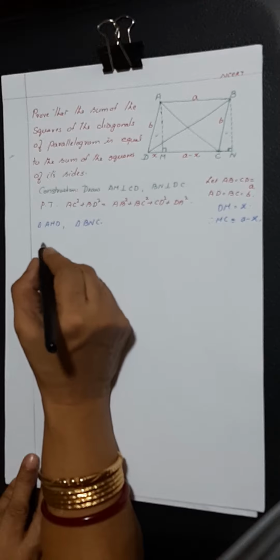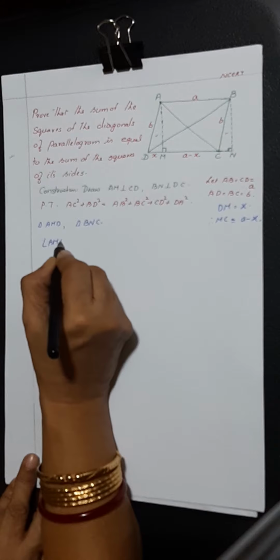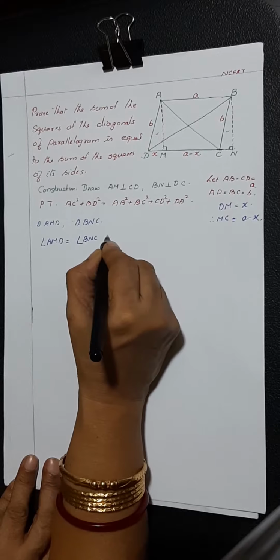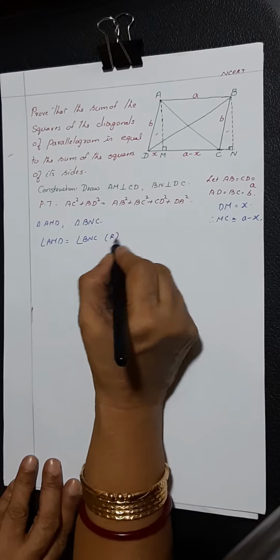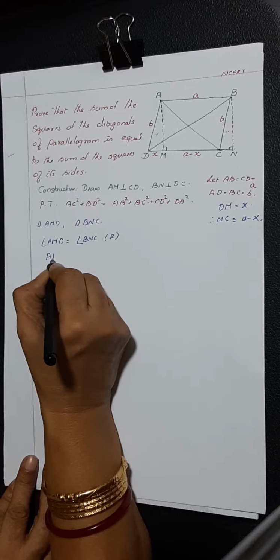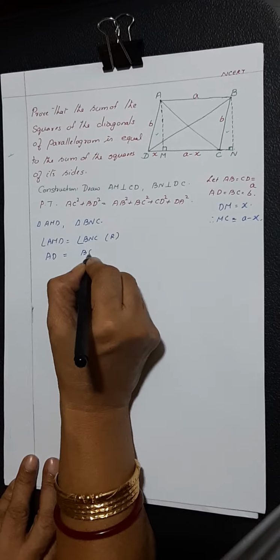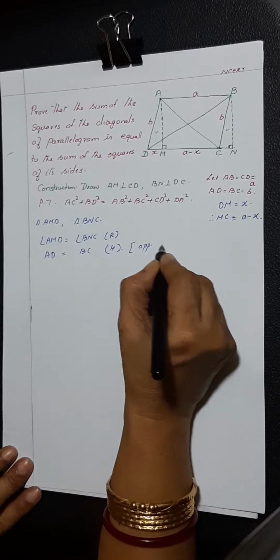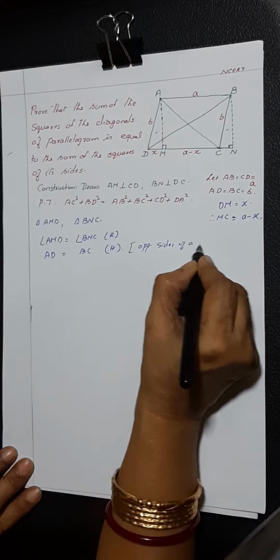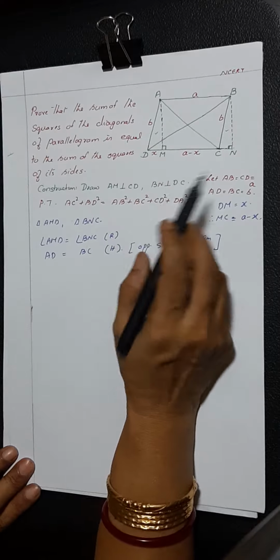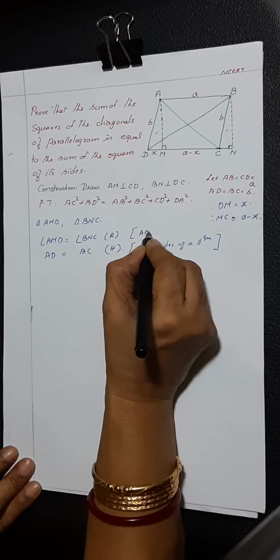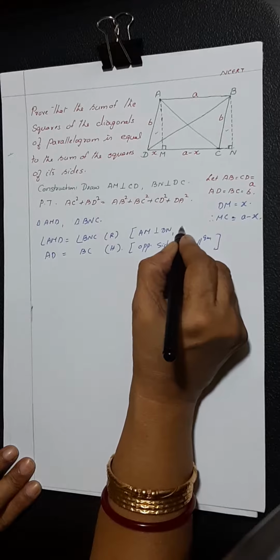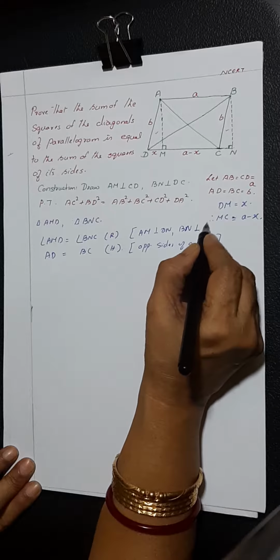So we write angle AMD is equal to angle BNC, the reason being AM perpendicular to DN and BN perpendicular to DN.